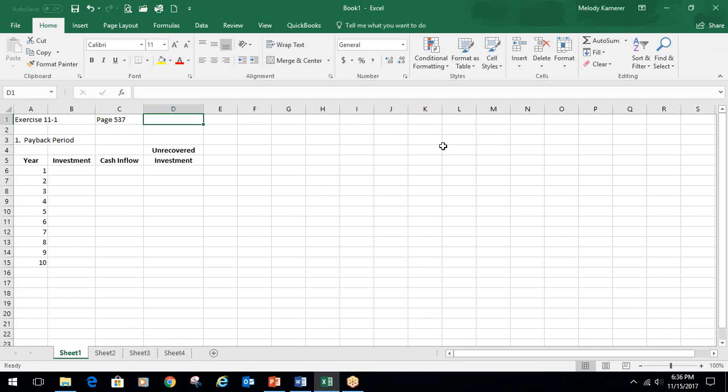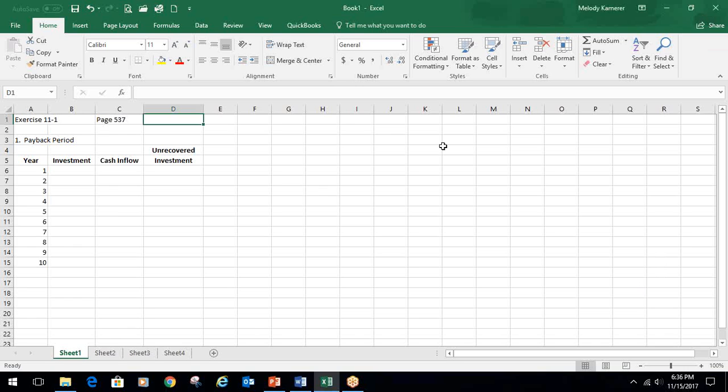So if I buy a $50,000 item, how many years of net inflows is it going to take before I have paid off that investment? And then, am I going to make any money on it? Am I going to be able to make the percentage that I had hoped to make? So the first thing I want to look at is the payback period.